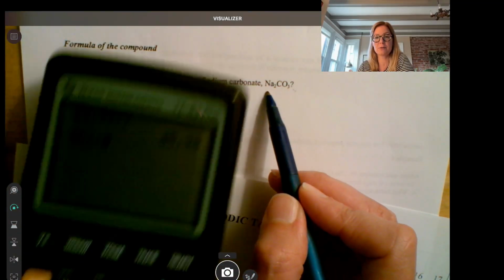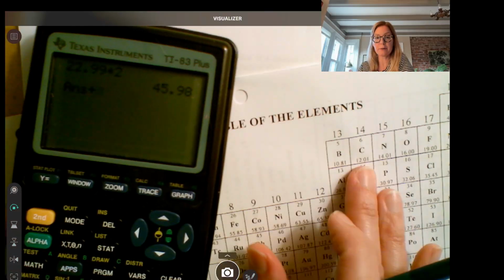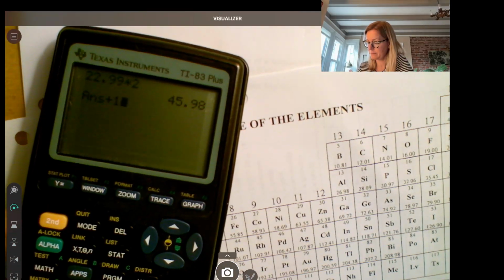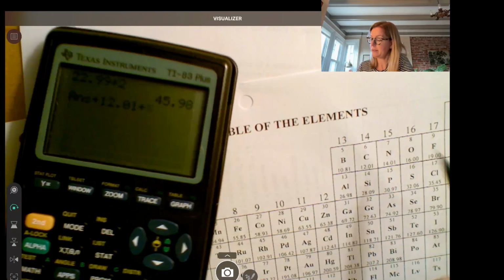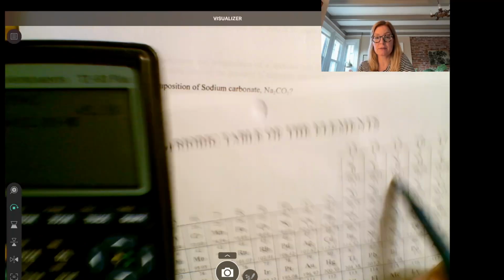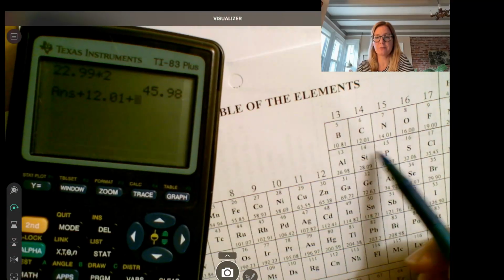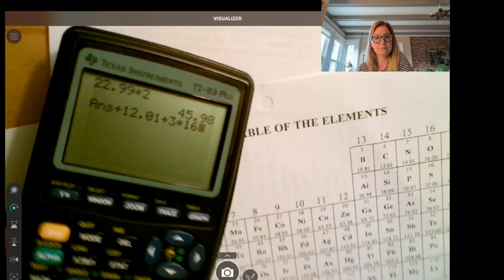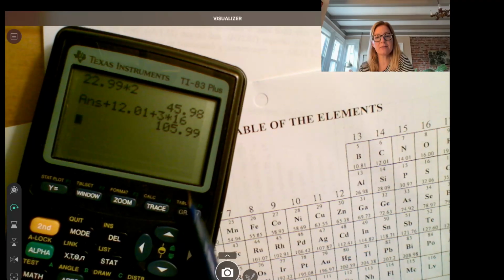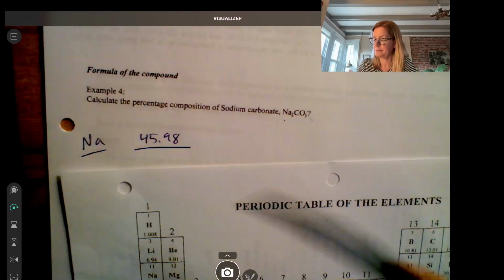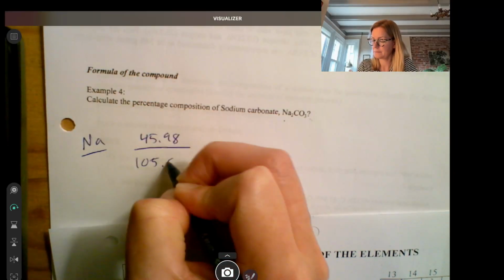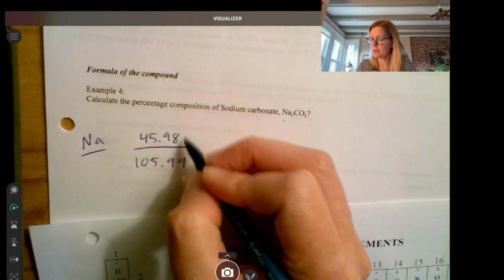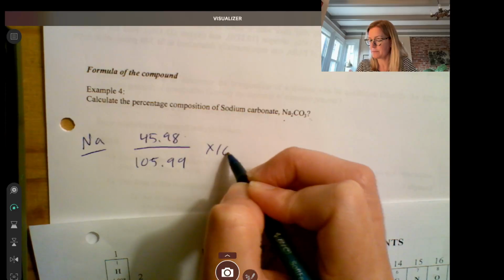So we already have our 2 sodiums. Then we have 1 carbon, which is 12.01. And then we have 3 oxygens, right? Yeah, 3 oxygens. So we'll do plus 3 times 16. Okay, and that's the mass of the whole thing, 105.99. So we do the part divided by the whole times 100.